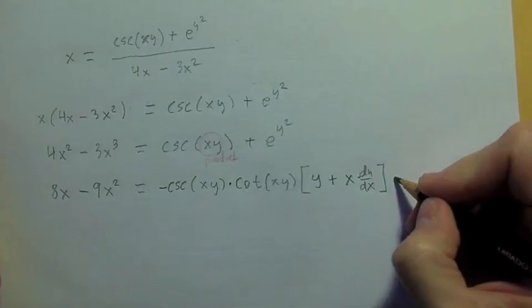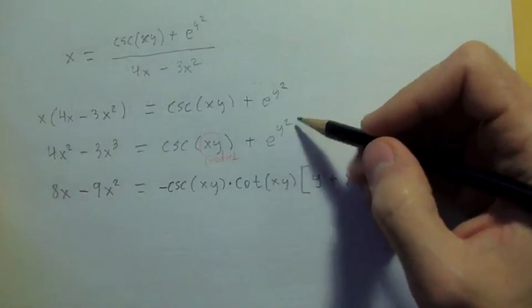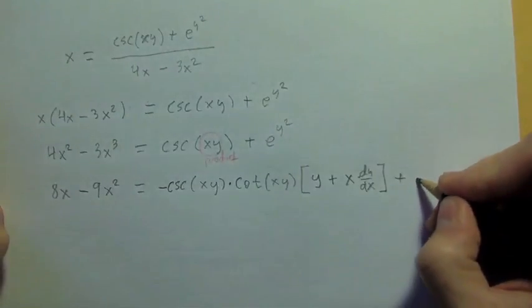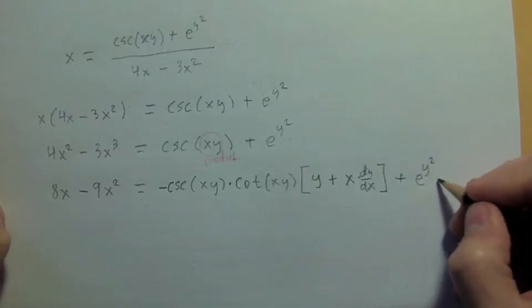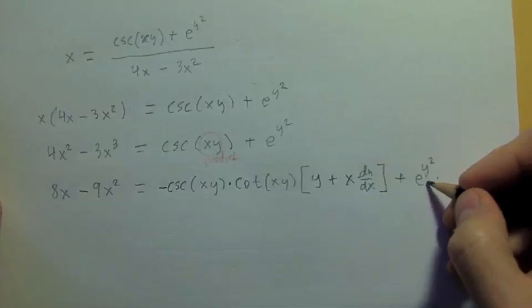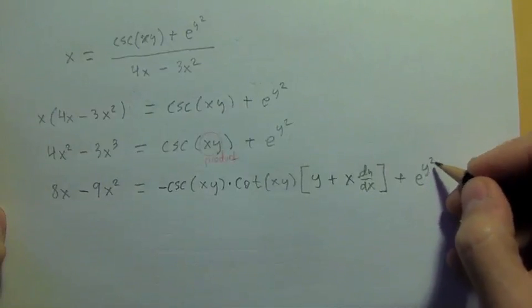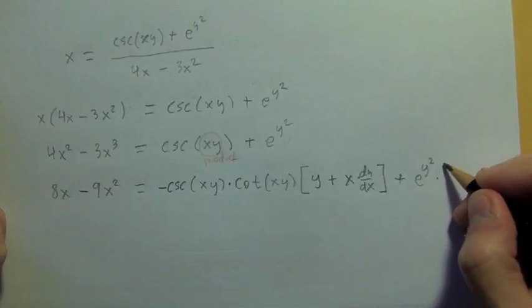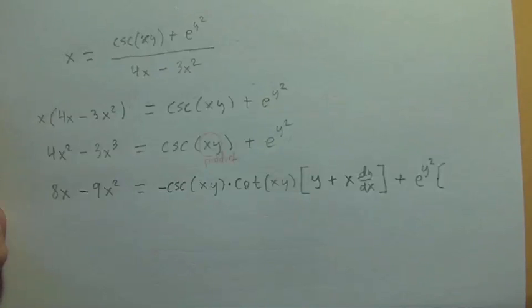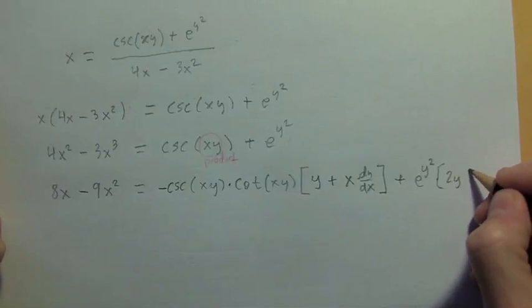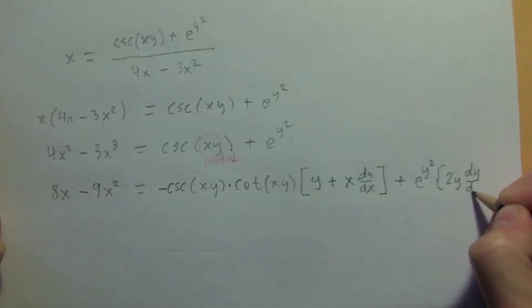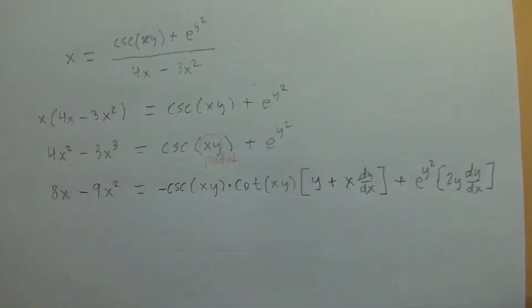Then plus, we have e to the y squared, so the derivative of e to the stuff will be itself, times the derivative of the stuff, and the derivative of y squared, I'll put in brackets just to stay consistent, it will be 2y, but since I'm taking a derivative of a y term, I'll throw in a dy over dx.